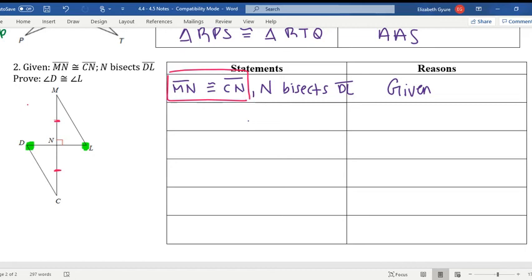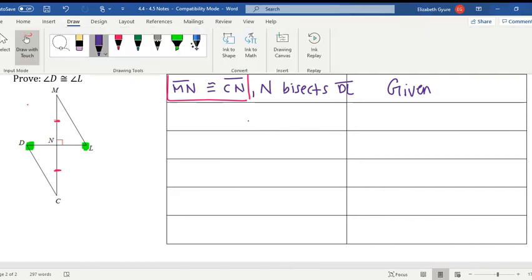I'm sorry, could you repeat that? Okay, yeah, we could go there next. How do you know that? They're vertical angles. Are we absolutely welcome to do our vertical angles next if we want to? Sure, let's do that. Why not? Order in these kind of doesn't matter, which is nice.